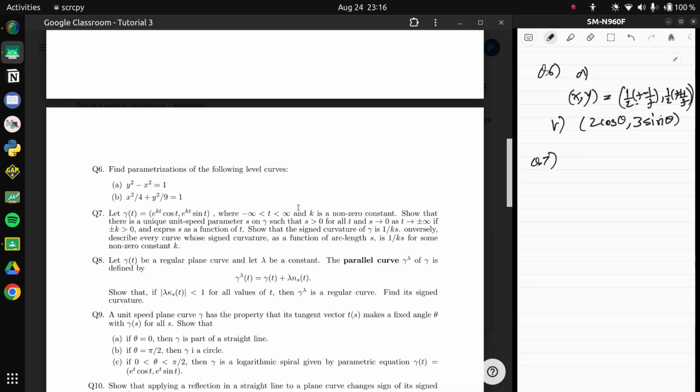So sure, let gamma of t with this, where t is in negative infinity and k is a non-zero constant.